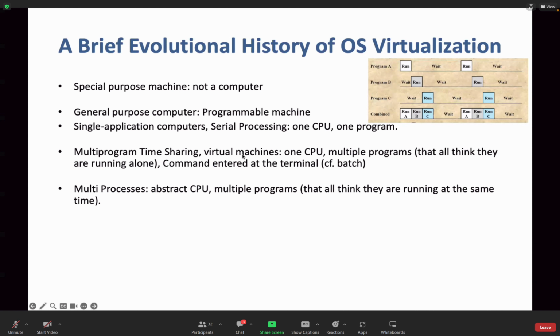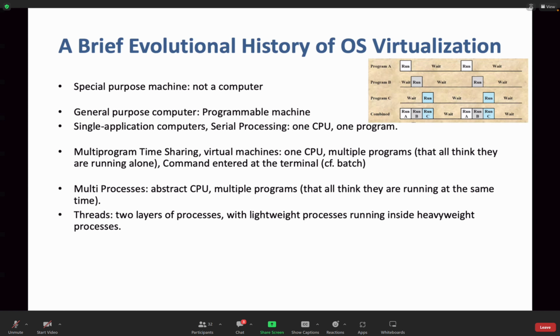That was still possible on a single CPU, and then later multiprocess was introduced to enable more parallelism. And then threads were also introduced.